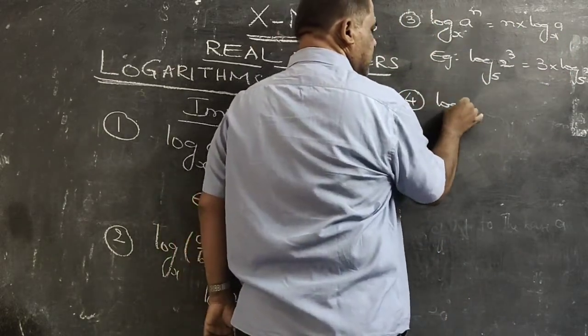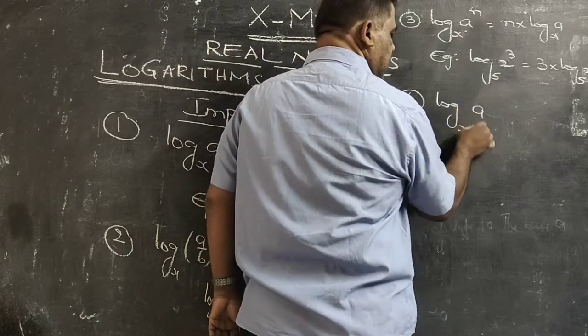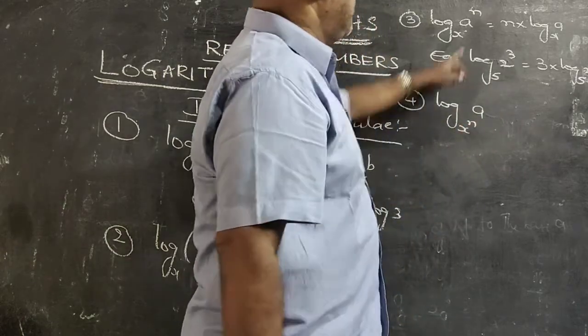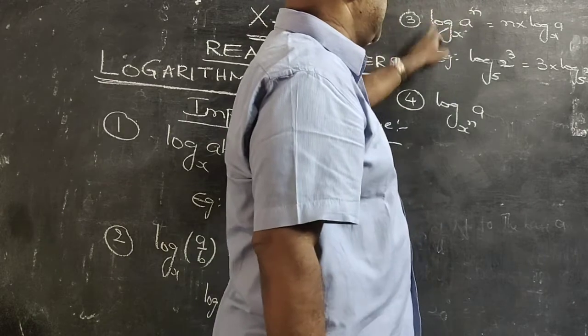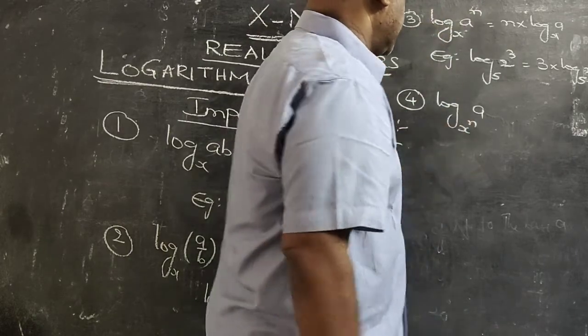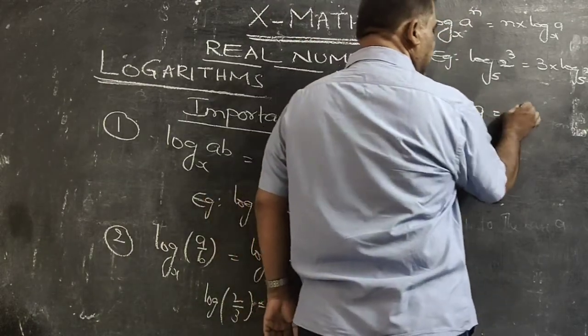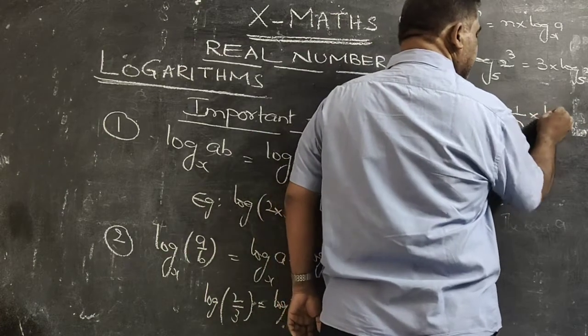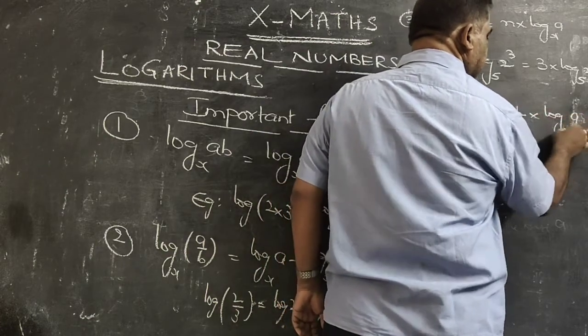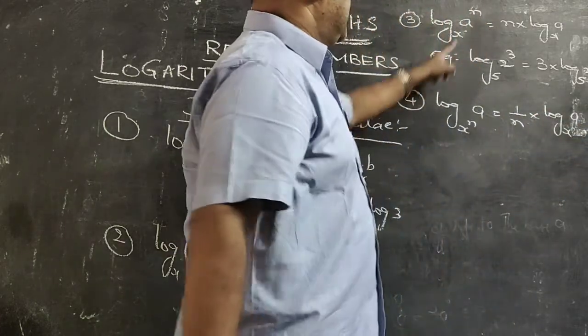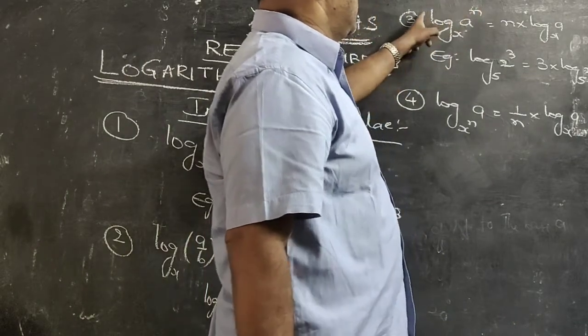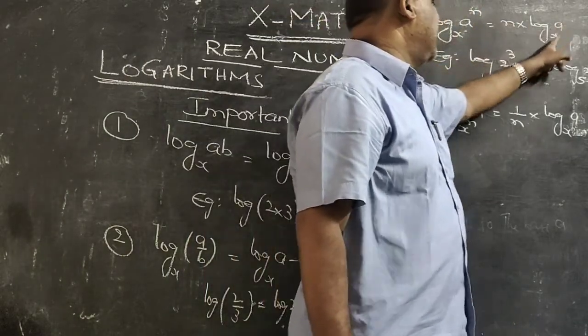Next, if the number has a power, it is coming as a coefficient. If the base has a power, then it comes as 1 by n. If the number has a power, it is coming as a coefficient, n into log A base x.